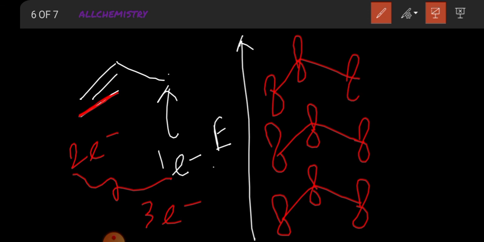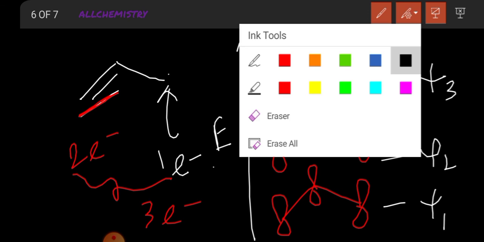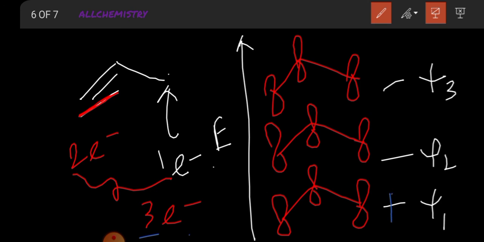Okay, so now put the energy levels. This is psi 1, psi 2, psi 3. Now give the electrons. How many electrons? 3 electrons: 1, 2, 3. Now look, here is only 1 electron, so we will call that SOMO, and we will call psi 3 LUMO. SOMO means singly occupied molecular orbital, and LUMO means, as I said, lowest unoccupied molecular orbital.